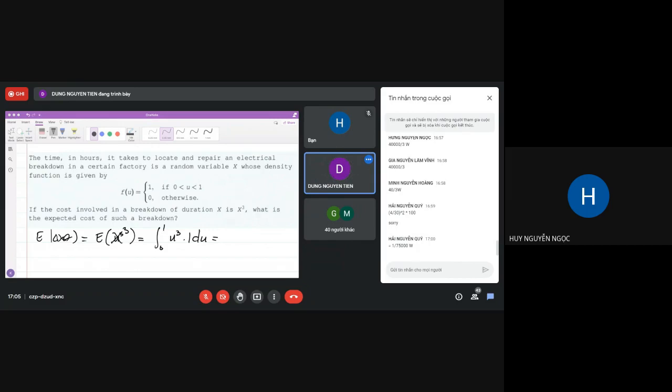And you get u to the fourth over 4 from 0 to 1, and you get 1/4. Is that clear?